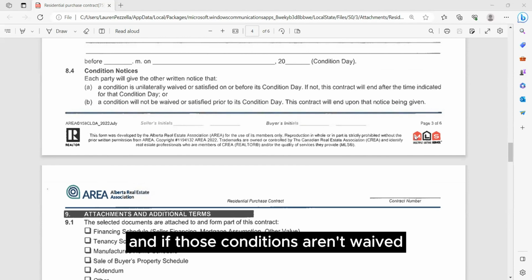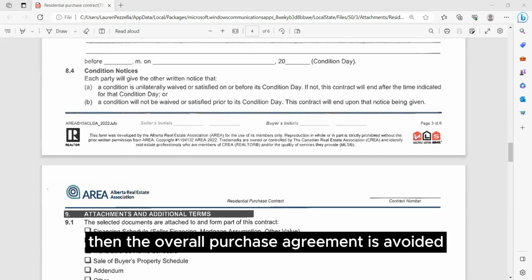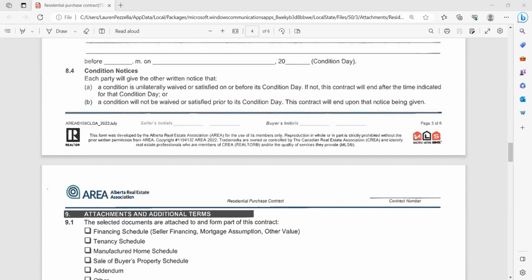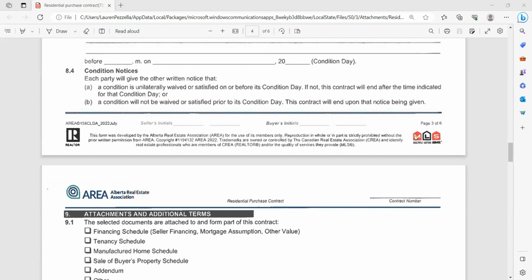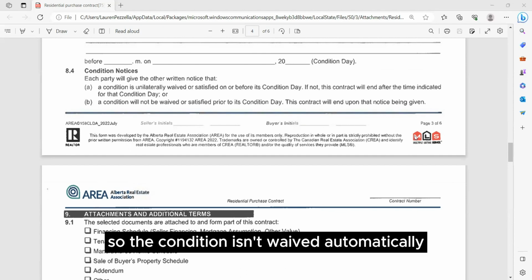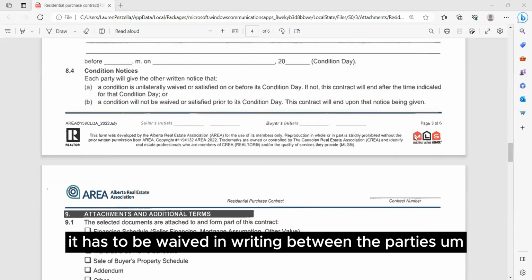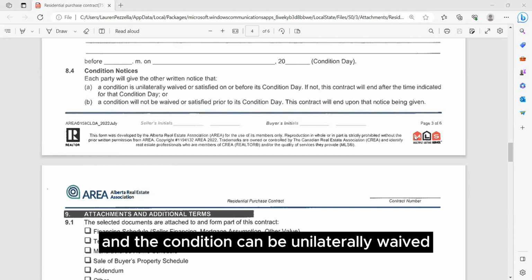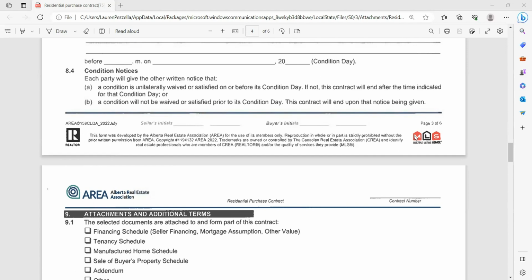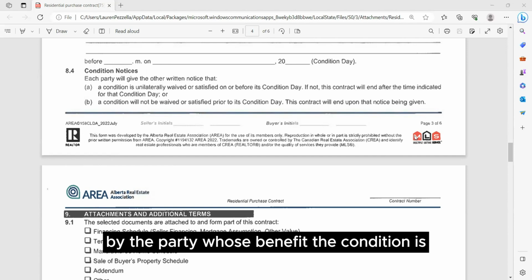If those conditions aren't waived, then the overall purchase agreement is voided unless a condition waiver happens. The condition isn't waived automatically. It has to be waived in writing between the parties. And the condition can be unilaterally waived by the party for whose benefit the condition is.